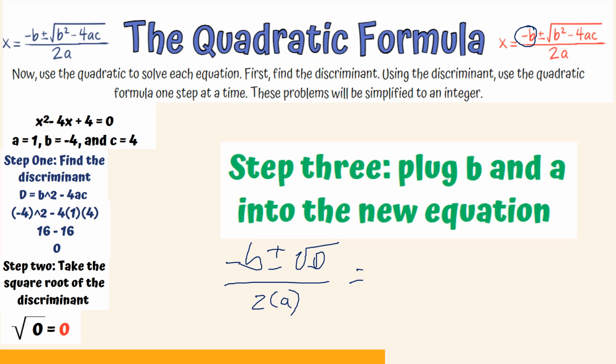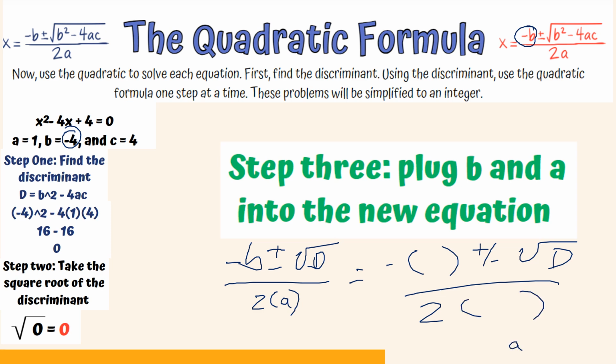So we're going to figure out what negative b is. I'm going to rewrite it as negative, put my parentheses for my b, plus or minus square root of d, all over 2 times whatever a is. That's a, that's b. We got negative 4 for b, and for a, we got 1. What's a negative times a negative?